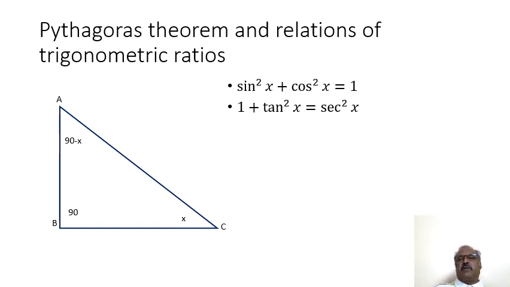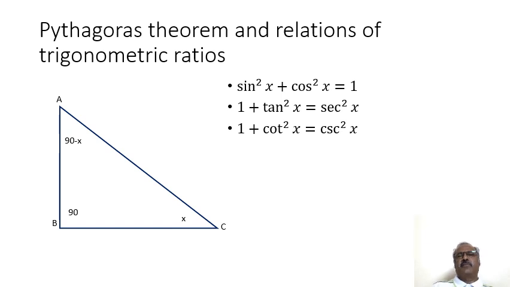1 plus tangent square of x is equal to sec square of x. Now this follows because if you divide the first one by cos square x, you get sine square x upon cos square x, which is tan square x, plus 1 is equal to 1 upon cos square x, which is sec square x. 1 upon cos x is sec x, as we saw previously in this video.